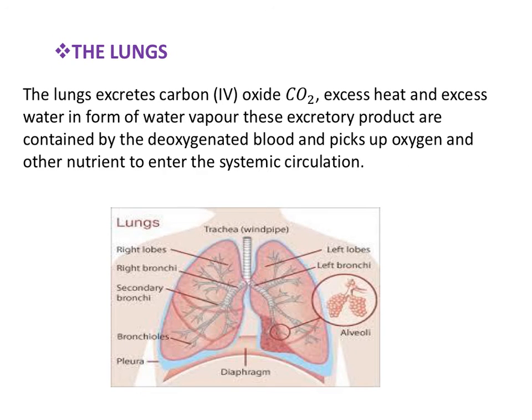The lungs. The lung excretes carbon dioxide, excess heat, and excess water in the form of water vapor. These excretory products, that's carbon dioxide and water vapor, are contained in the deoxygenated blood.